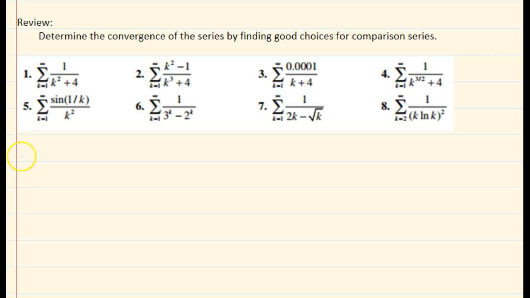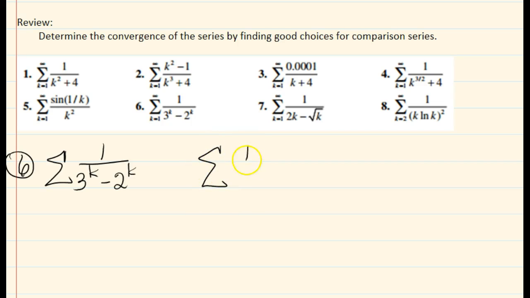Let's try number 6. For number 6, we have a series of 1 over (3 to the k minus 2 to the k). Well, it seems logical that we can probably compare that to 1 over 3 to the k. We can see that this series is a converging geometric series, so this one converges.